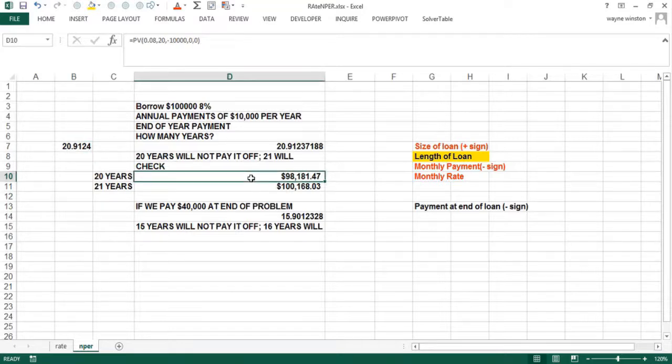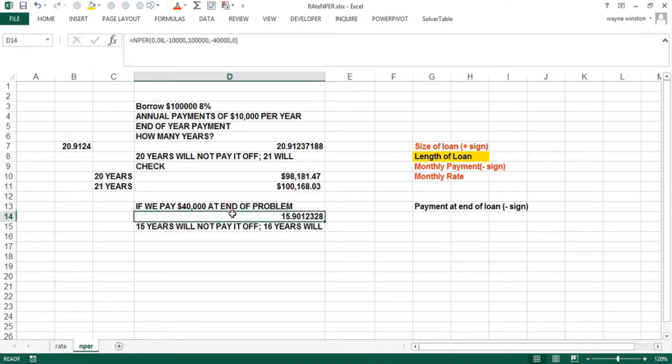Present value of paying 10,000 a year for 20 years at 8% is 98,000. 21 years is a little bit over 100,000. If you take 91% of the amount you're going over here and 9% of the amount you're going under the 100,000 here, then you get it to come out to 100,000.